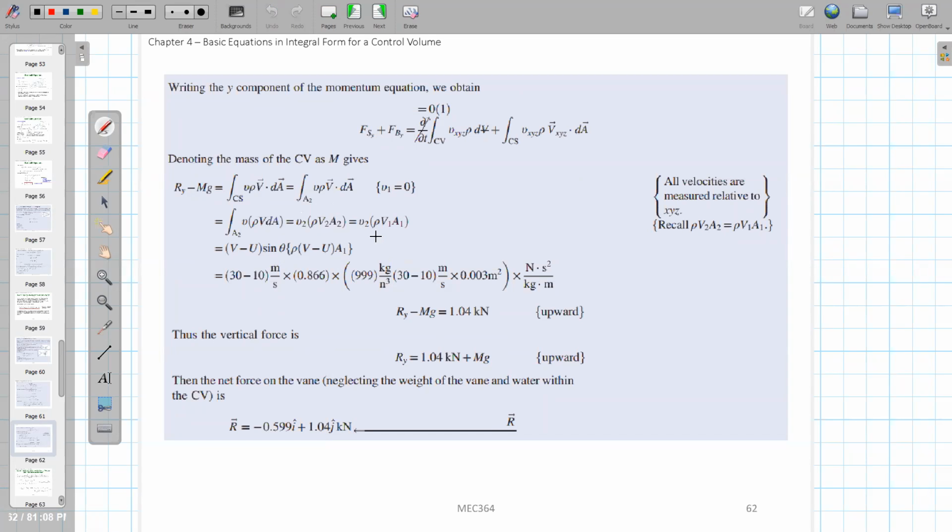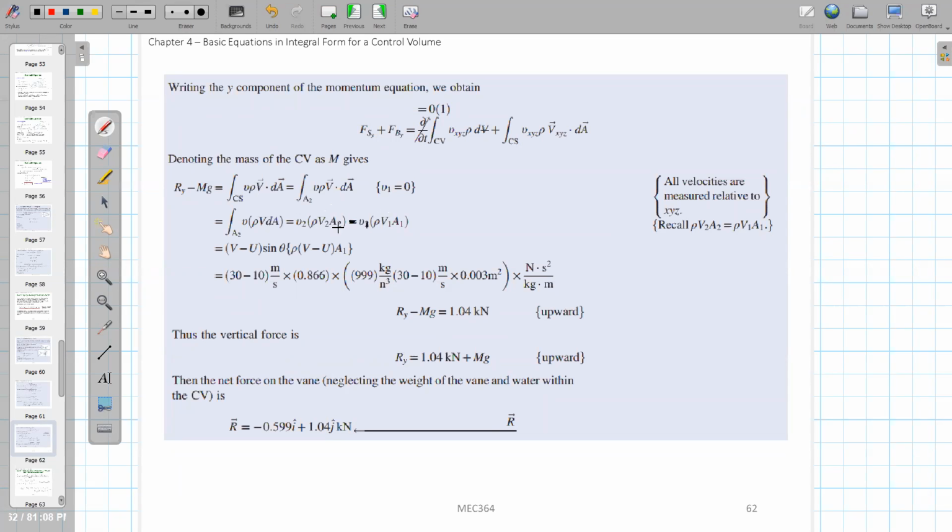Okay, and then I think there's a typo in the book. This should be -1, and this should be 1. And then minus the y momentum at the inlet, and this will go to 0 because at the inlet we do not have y direction momentum.